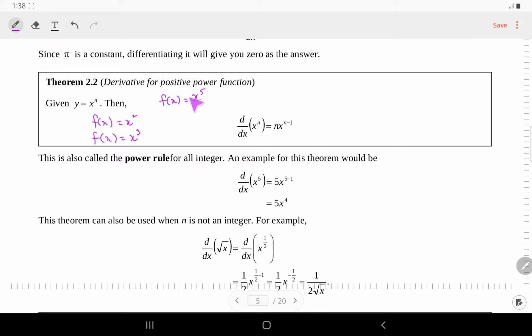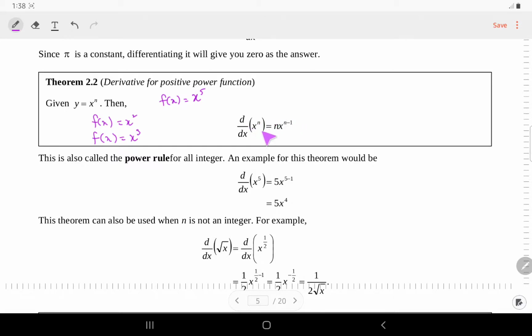Okay, for all of this function, if you want to differentiate them, okay, we will use this theorem, okay, and bring it in front, and then power kat sini will minus with 1.